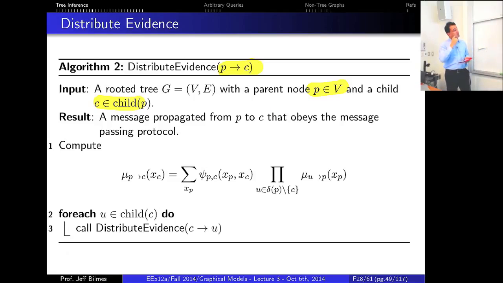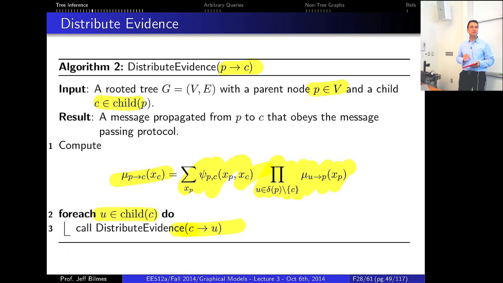And so all we do is we collect together all messages that have been sent to the parent except for the child, and then we sum out the parent and we send it off to the child. And after we've done that, then we send a message to all of the grandchildren by calling distributed evidence recursively.